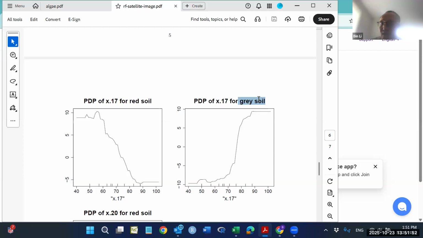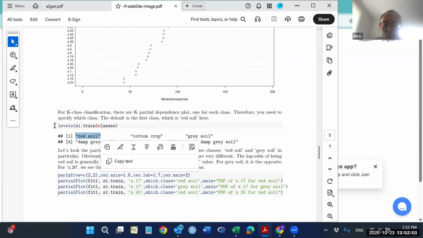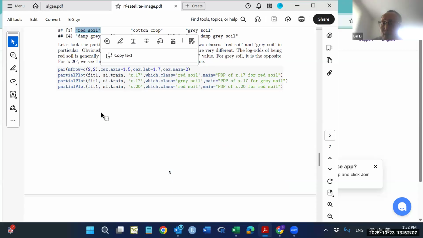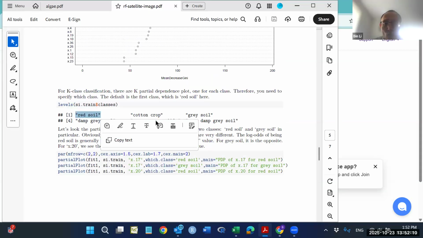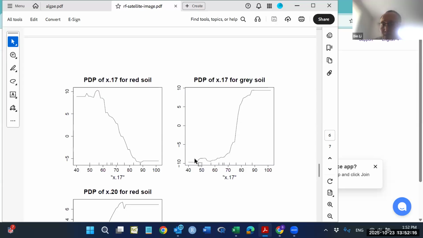Because if you don't specify that, it will by default use the first one. Because when you print the levels, the first one is the red soil. But that doesn't mean all the other categories will have the same impact. No. So you can see, as an example, for the gray soil, x17's impact is totally opposite.